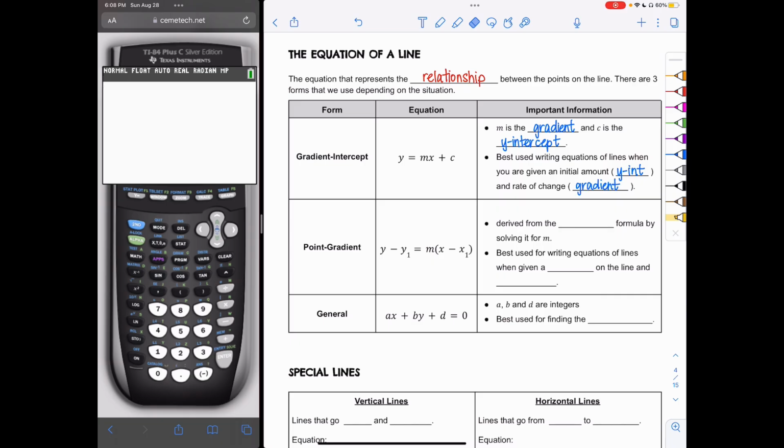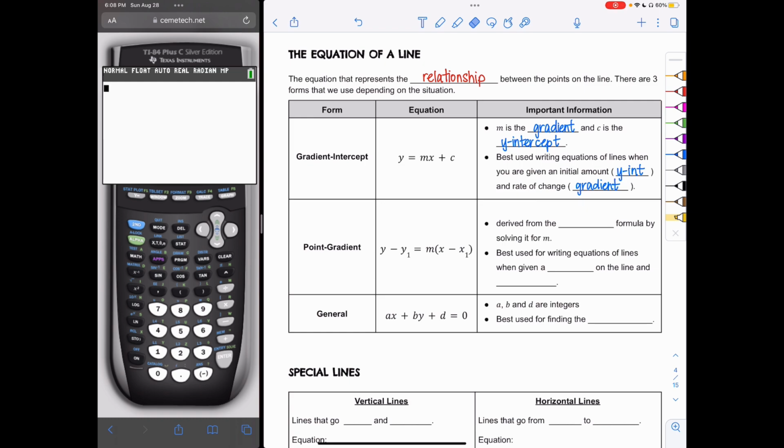The next form that we have is what we call point-gradient form. The point-gradient form of an equation of a line actually comes from the gradient formula. Basically all we have to do is take the equation m = (y2 - y1)/(x2 - x1) and solve it for m.